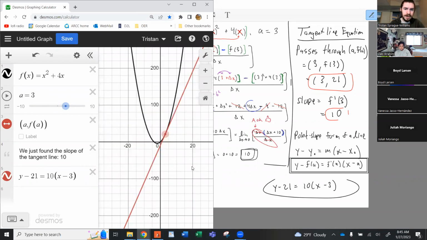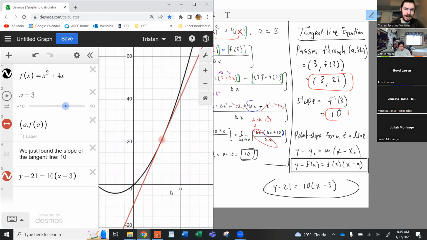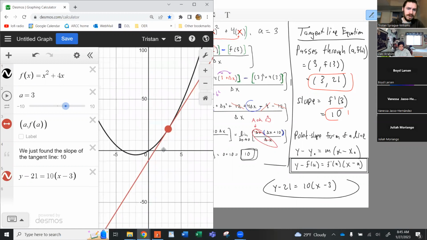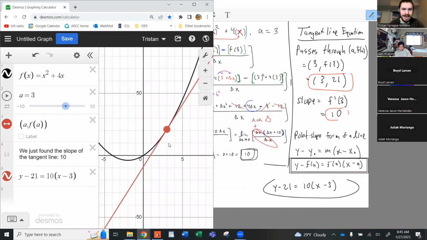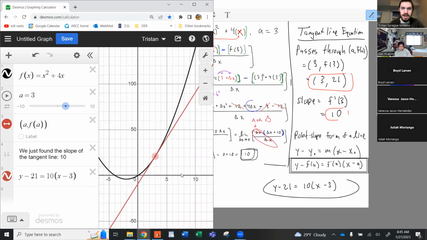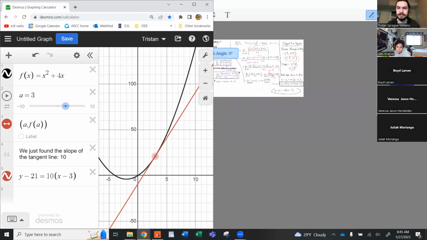But if you have a touch screen, you just grab the axis and pull it together. Yeah, so that looks a little better. That looks like it should, doesn't it? So that's one way you can check to see if your answer is reasonable, by graphing the tangent line and asking, does it look the way it's supposed to look?